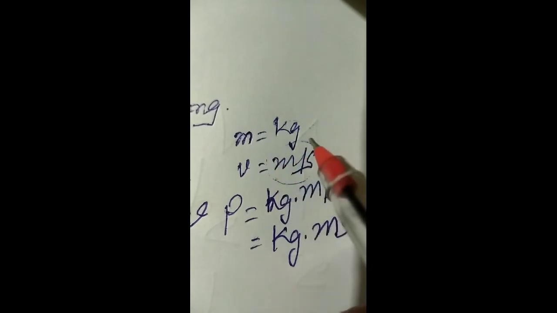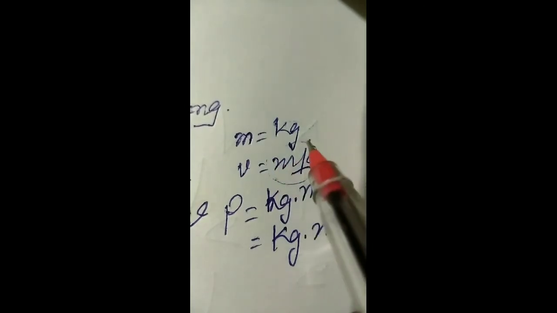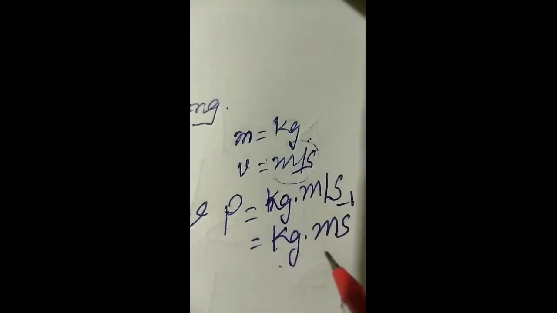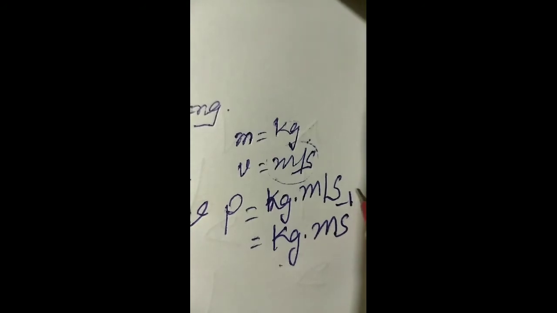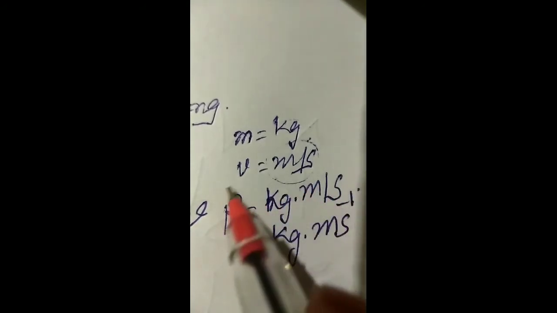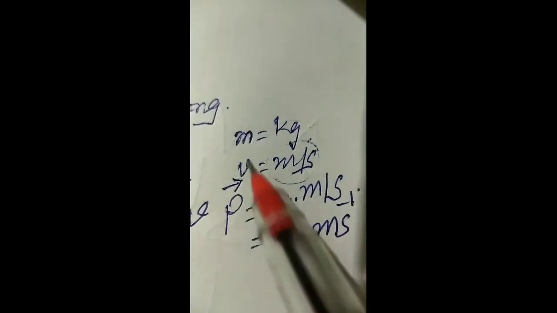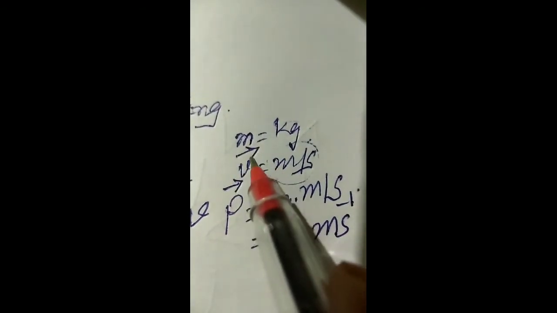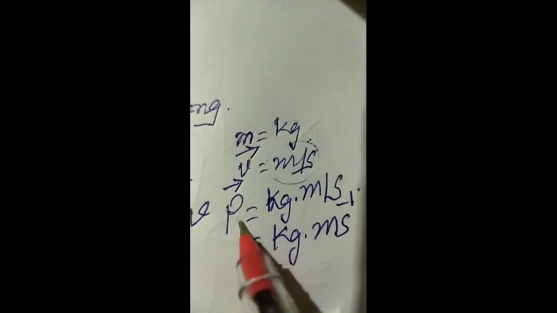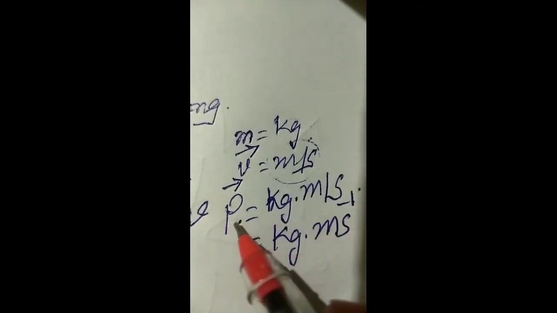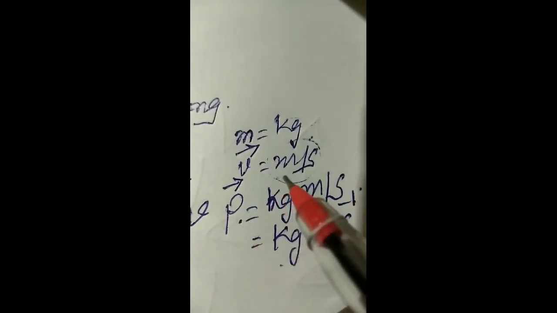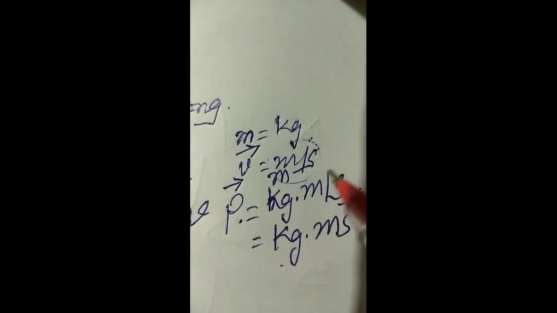So the quantity of motion possessed by this body is 1 unit, that is 1 kg meter per second. Since the velocity of the body is a vector quantity, momentum also is a vector quantity. So mathematically, momentum is the product of mass and velocity.